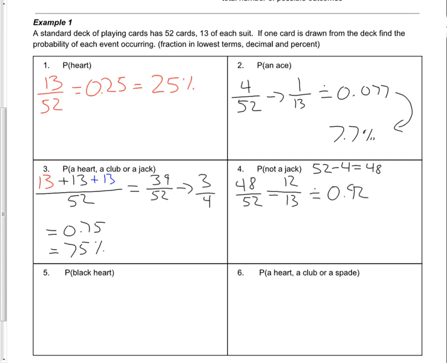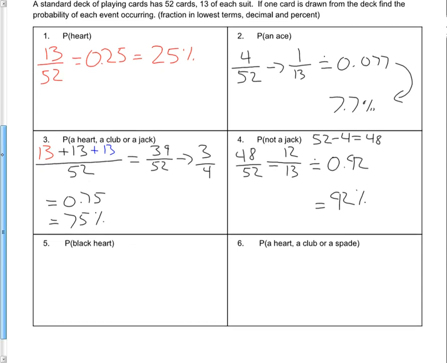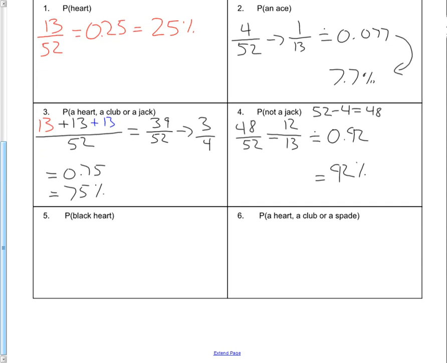And then if I want to change this into a percentage, I would take 0.92, multiply that by 100, and that's going to equal 92%.